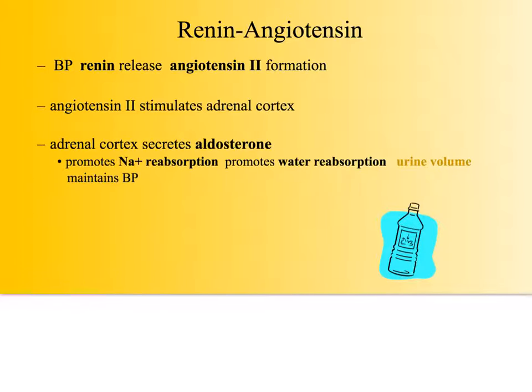We've already talked about angiotensin and renin. When the blood pressure goes down, the kidneys release renin, and it's going to form angiotensin 2. Now, we're going to go off to a different route. Angiotensin 2 is a vasoconstrictor.